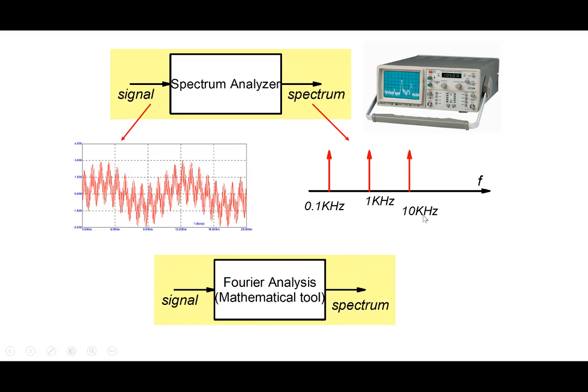The mathematical tool which we use to analyze it is Fourier analysis. When the signal is a function of time, Fourier analysis allows us to decompose the signal into different frequency components.